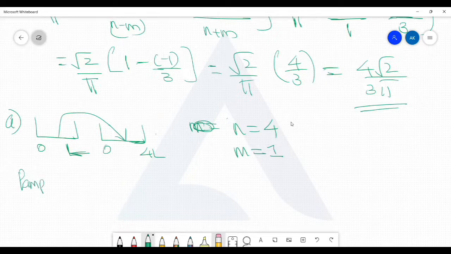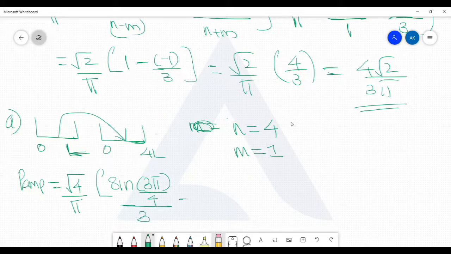The probability amplitude is root n, that is root 4 by pi, times [sine (n minus m) pi by n, that is sine 3 pi by 4, divided by 3, minus sine (n plus m) pi by n, that is sine 5 pi by 4, divided by 5]. This one step, it is over.